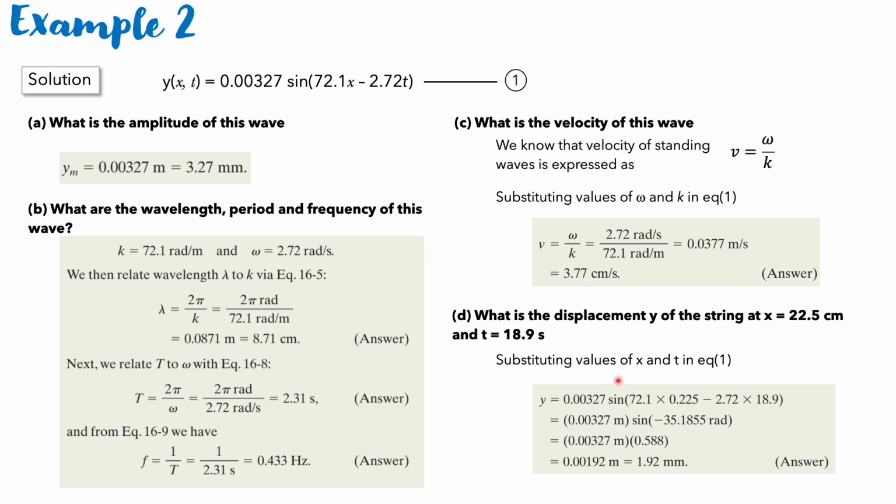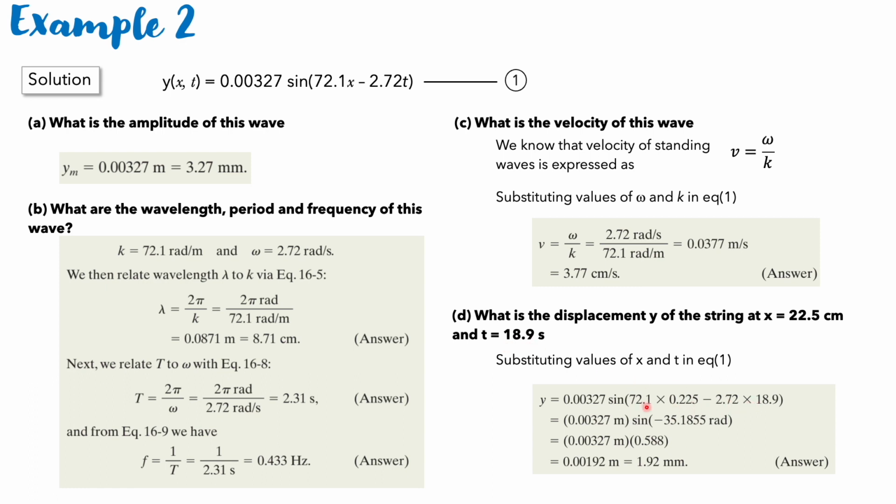Once you put these values here and perform the calculations, 72.1 is the value of k, and this 0.225 was the value of x that was given to you, and 2.72 is this one, and t is the value that is given to you for part D, 18.9 seconds.